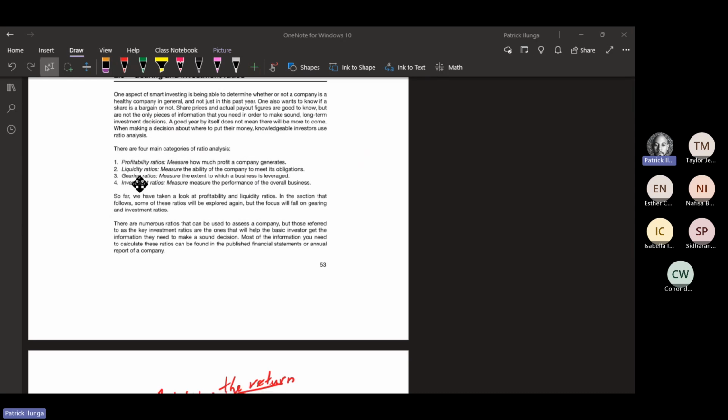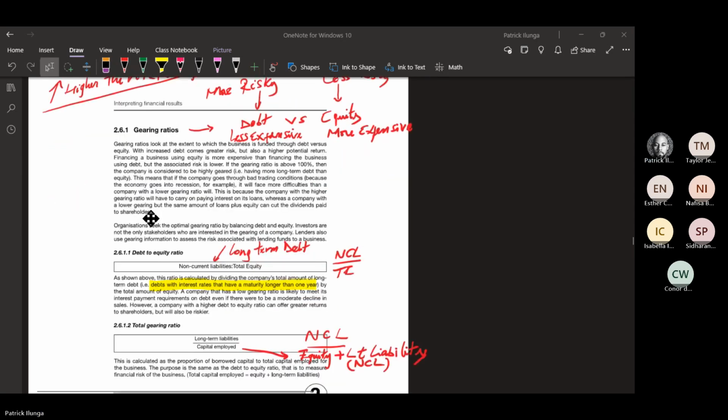Gearing will cover the debt-equity. Remember, equity can come from two sources: either from the owners' own money, so even if the owner never took money from people, he put in his own money. That's the owner's money, right? So the gearing covers more of the debt-equity, what we borrowed.